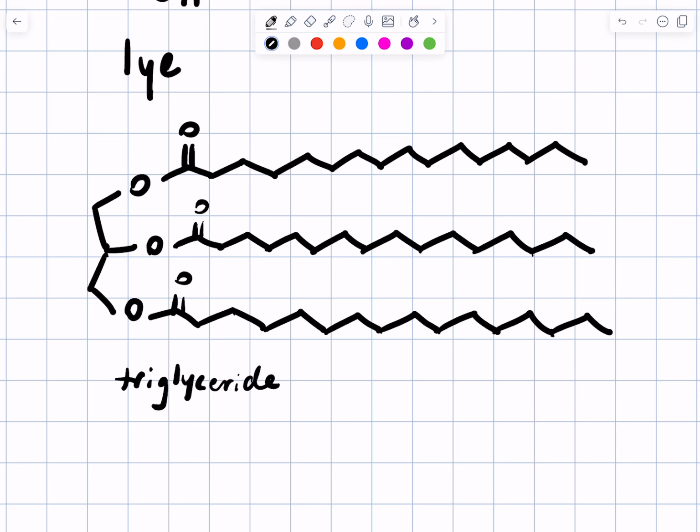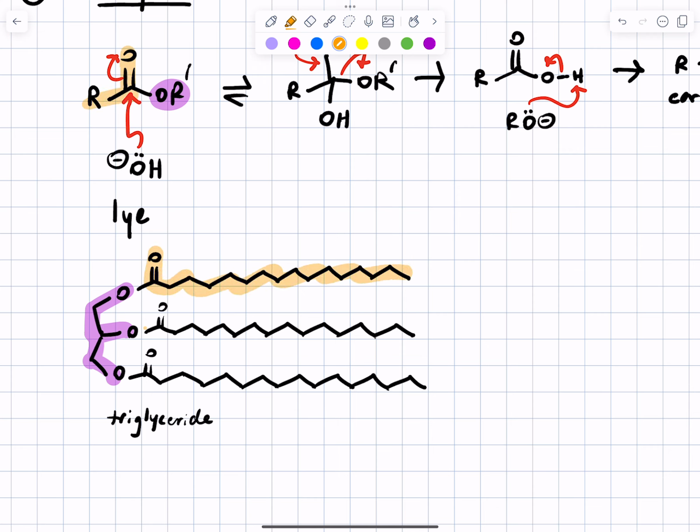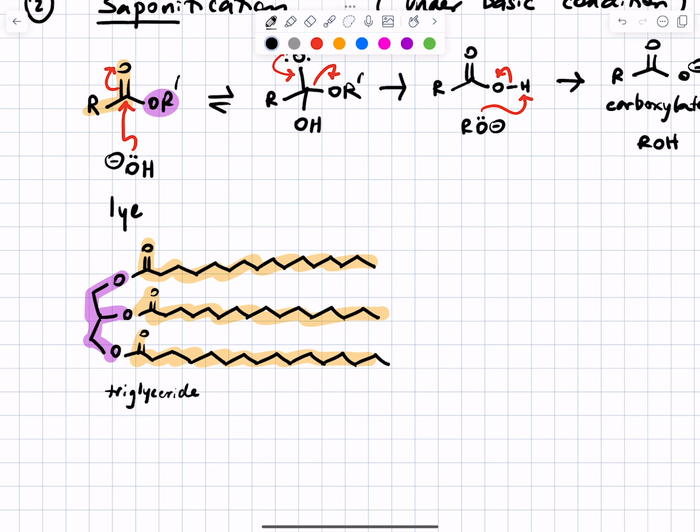A triglyceride. Just so you can stay oriented relative to what we've got above, I'm going to highlight in purple the alcohol portion, and then I'll highlight in orange the carboxylic acid portion, okay? So what happens when, and people on the frontier used to get big kettles and dump lye in them and put animal fat in them and then start stirring and under heat.